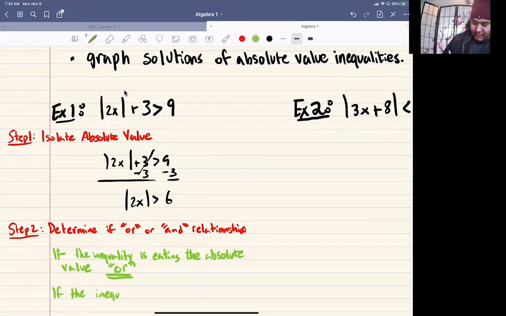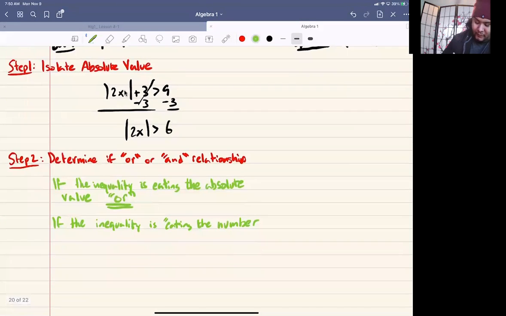If the inequality is eating the number, you get an "and".